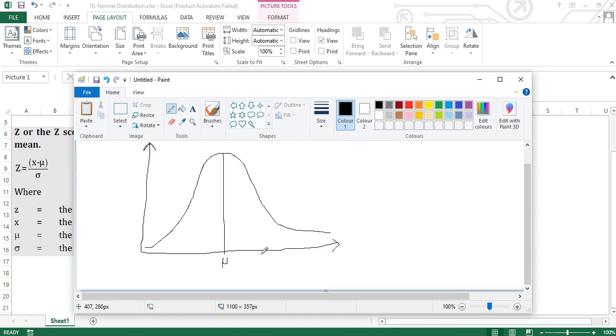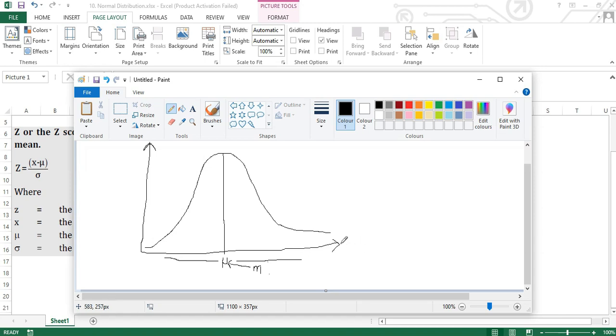If you take the normal distribution curve, this is mu, this is the mean. Z is basically the gap between the mean and the x-axis values.